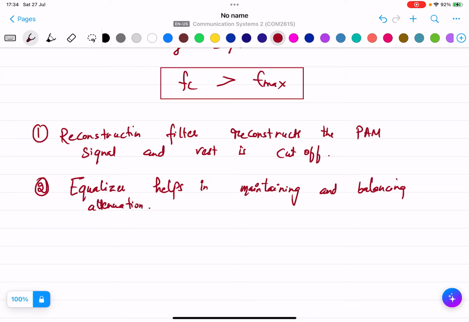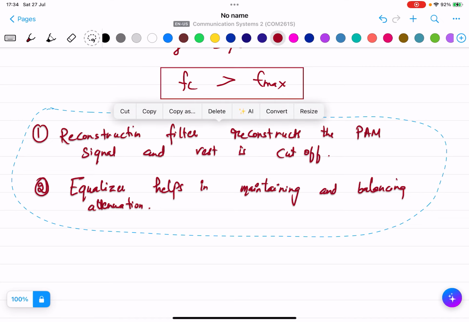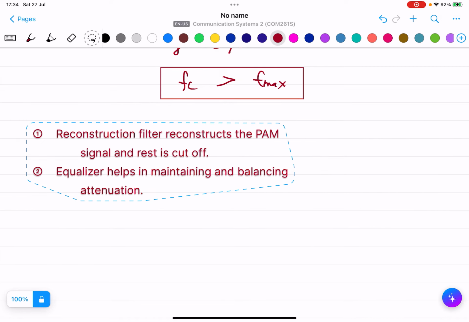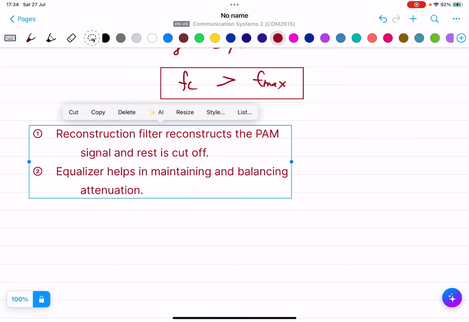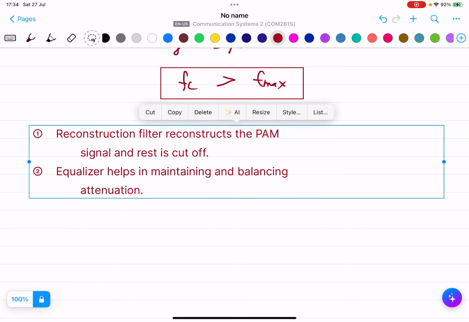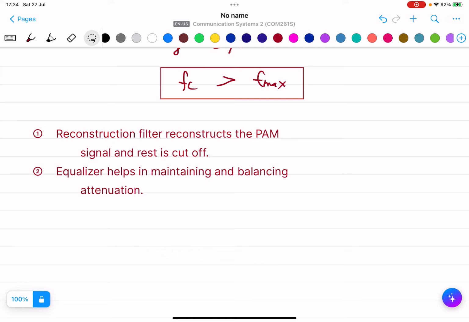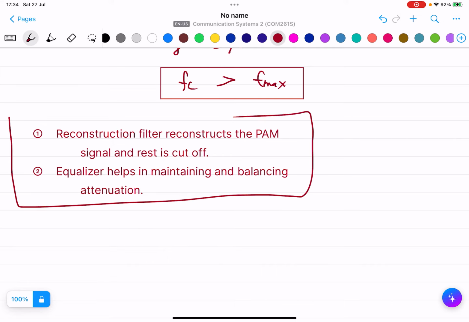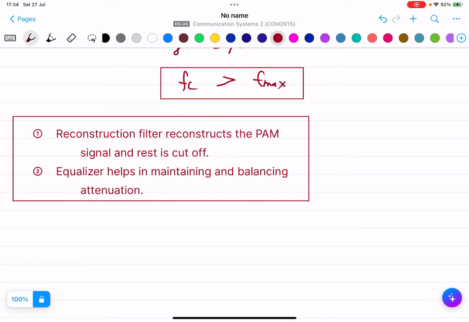Okay, so this is basically the function of the reconstruction filter and equalizer.